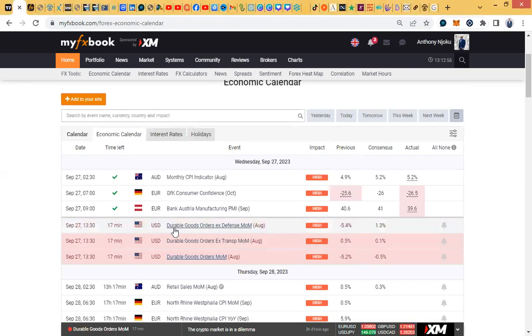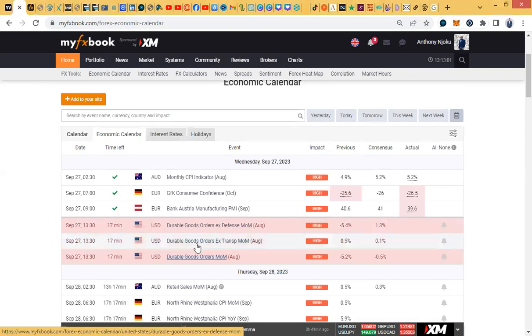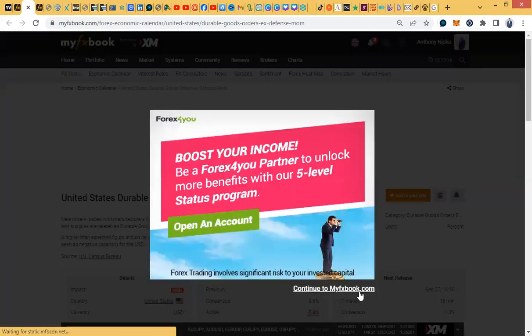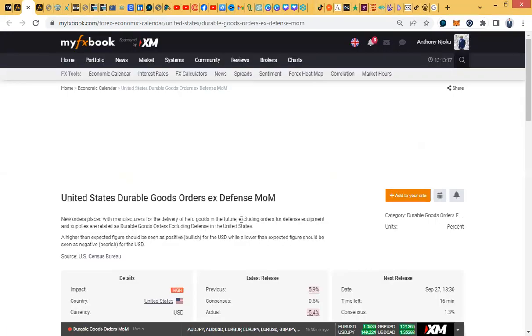So now, over here is durable goods orders ex-defense month over month, and durable goods orders ex-transport. This has to do with cars, okay? And this one has to do with new orders placed with manufacturers for the delivery of hard goods in the future, excluding orders of defense equipment, that's ammunition and guns, and suppliers are related as durable goods orders excluding defense in the United States, okay?